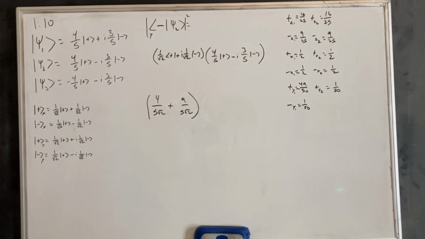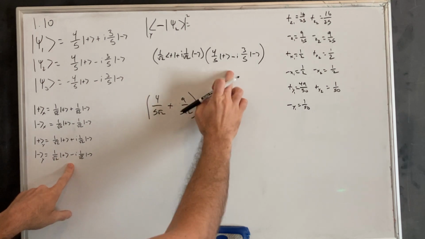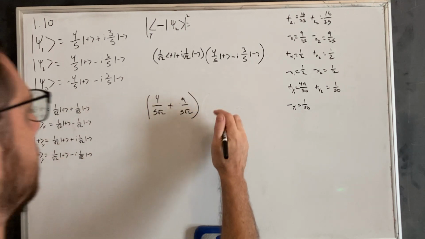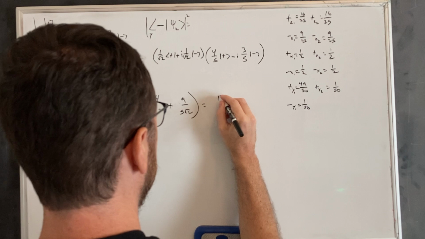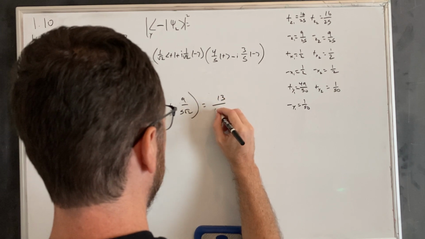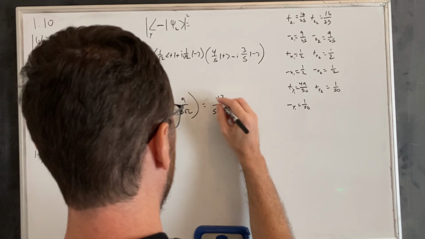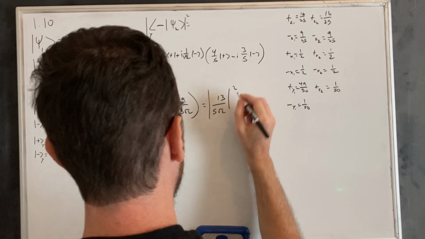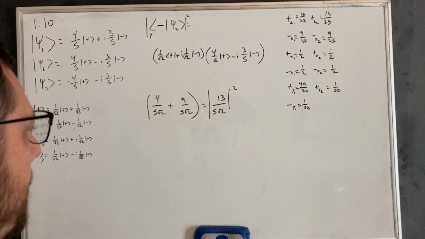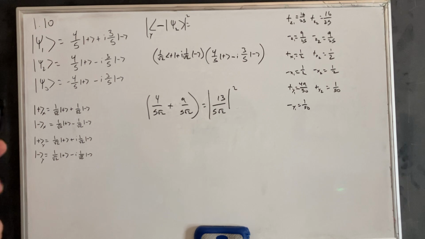I feel like I missed something here. That's going to be 13 over 5 root 2 squared. And that does not seem right. What did I miss here?